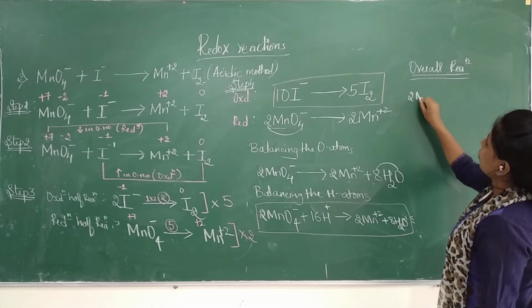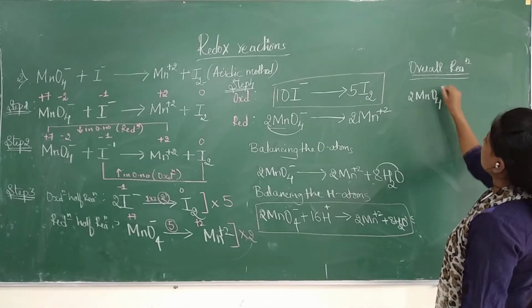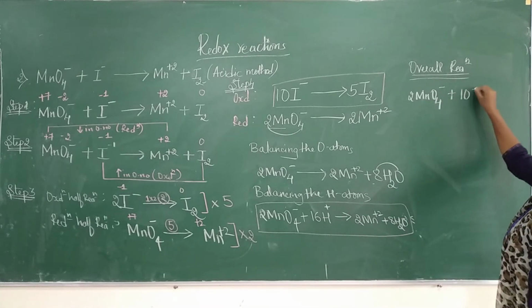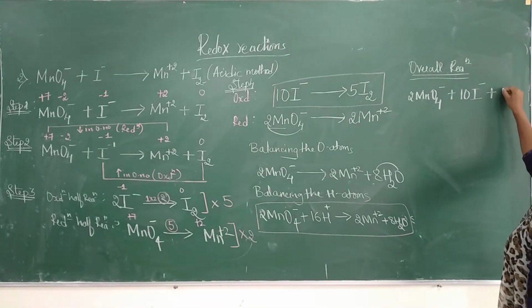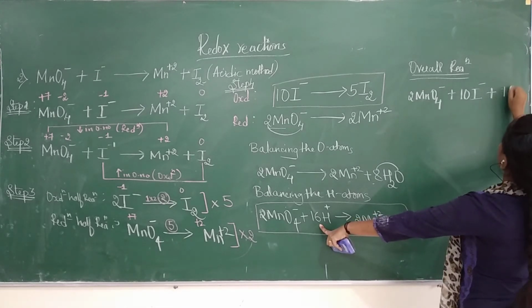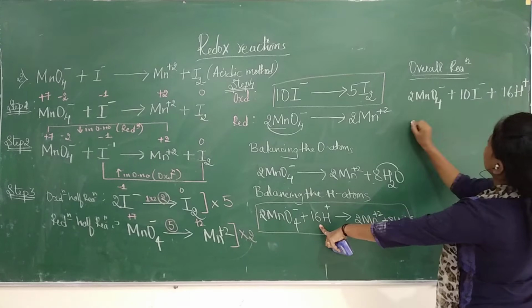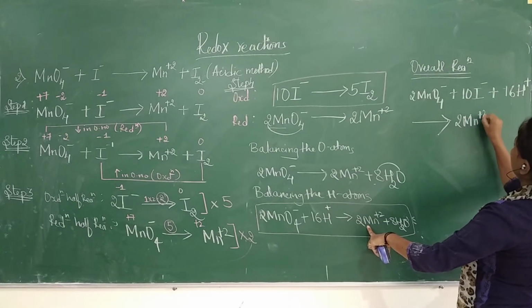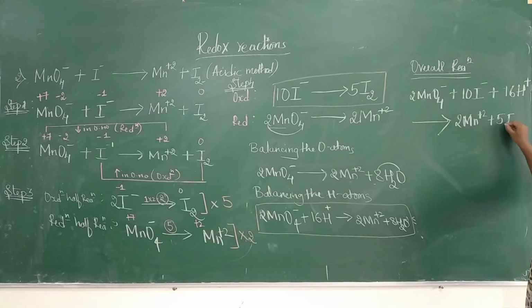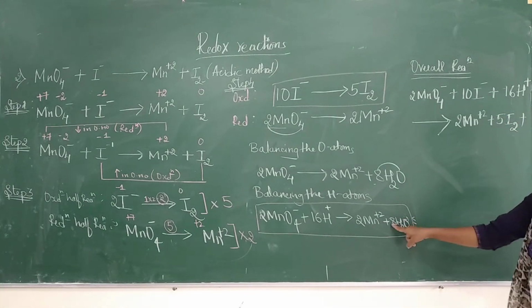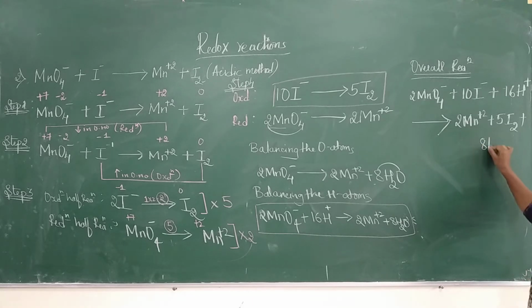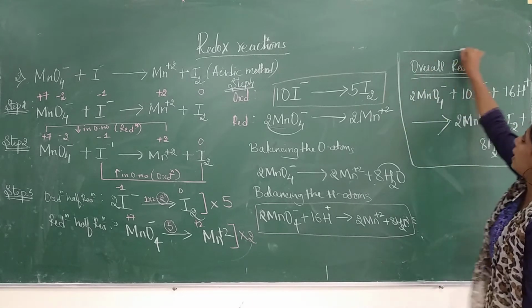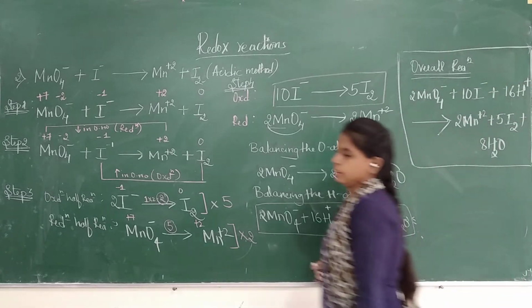Yeah, 2 MnO4 minus plus 10 I minus, plus 16 H plus, which gives 2 Mn +2, 5 I2, plus 8 H2O. Clear? This is our balanced redox reaction. Clear?